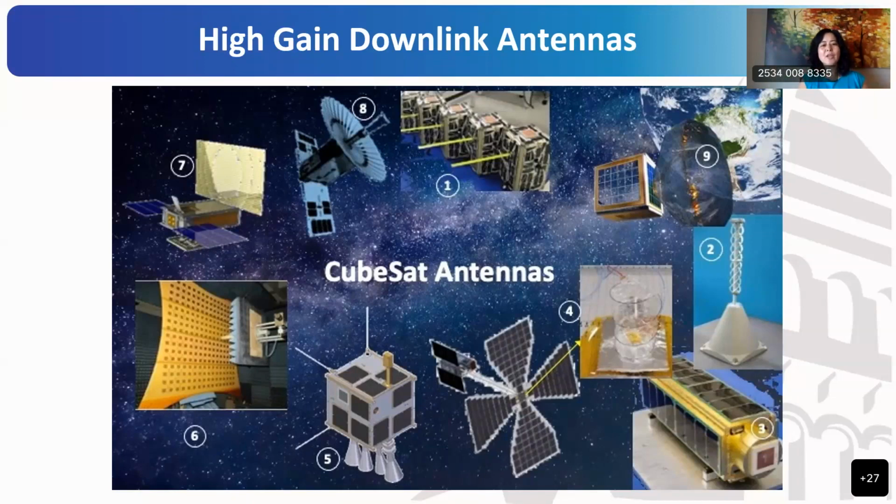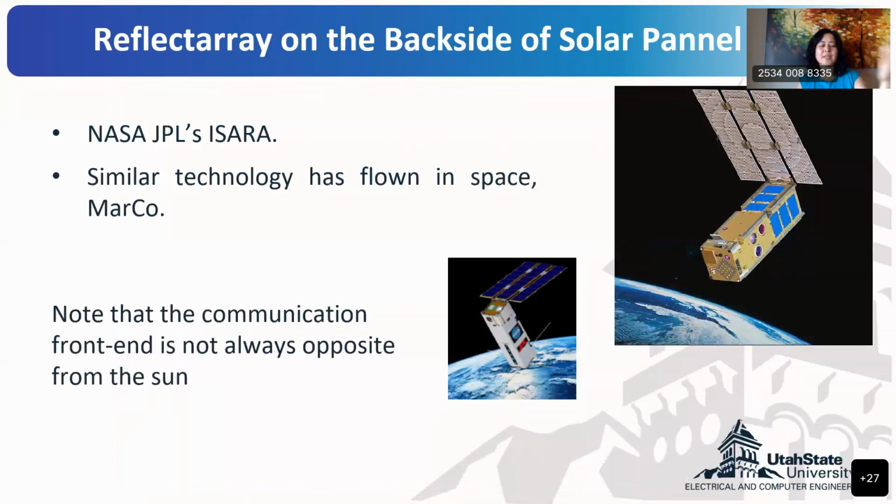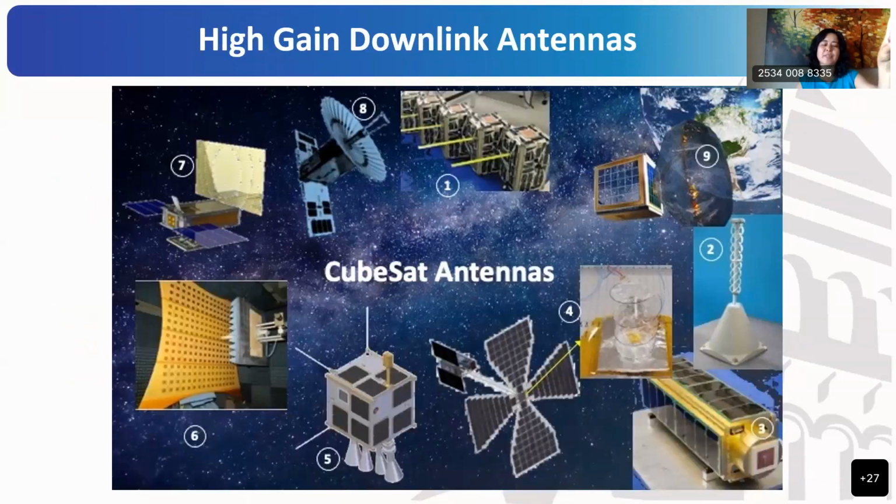So for that link, we need a higher data rate. For higher data rate, we can have a high gain antenna. The page in the previous slides shows you many different types of high gain antennas. So we want to go to the array configuration or dish configuration. Okay, let's move on.